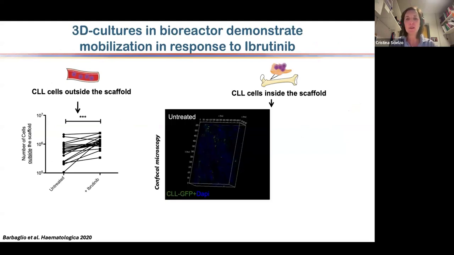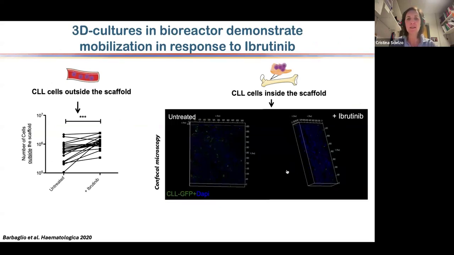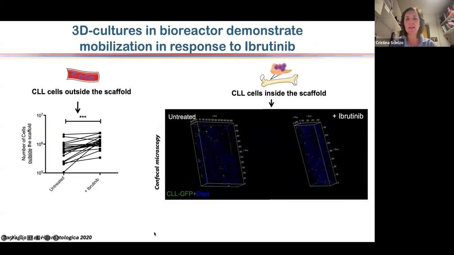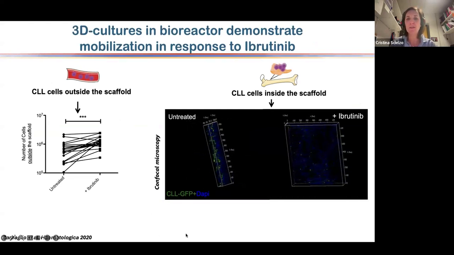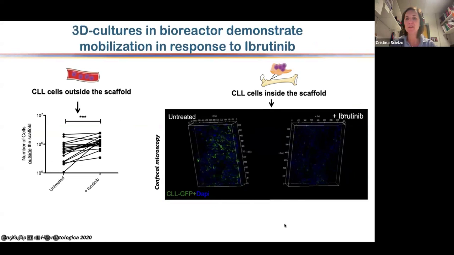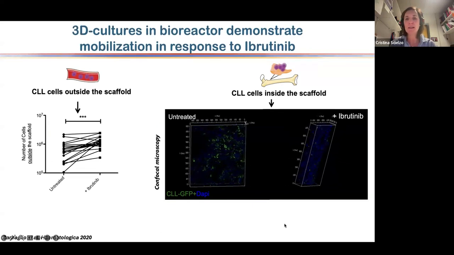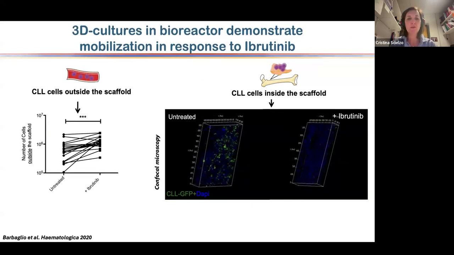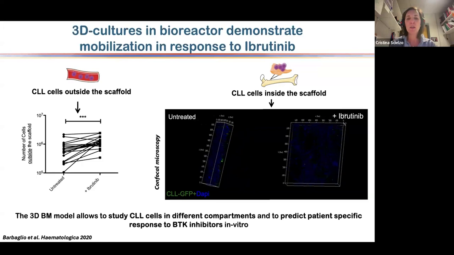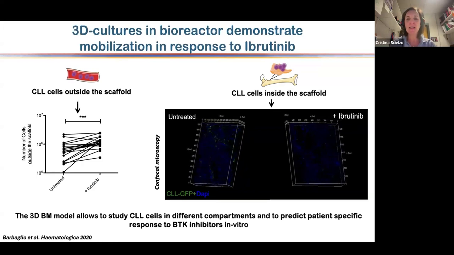You can also see from the images that the untreated scaffold, where leukemia cells are in green, is still full of cells, while after the addition of ibrutinib, the scaffold is almost empty. So thanks to this model, we could demonstrate that leukemia cells can be mobilized, and we were also able to predict patient-specific response to BTK inhibitors in vitro.